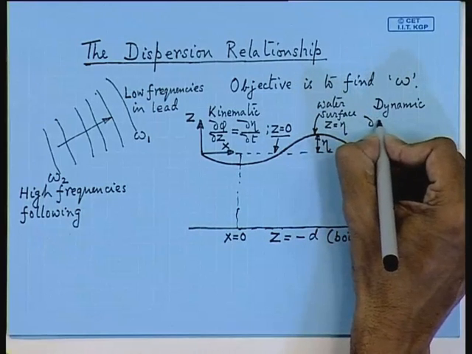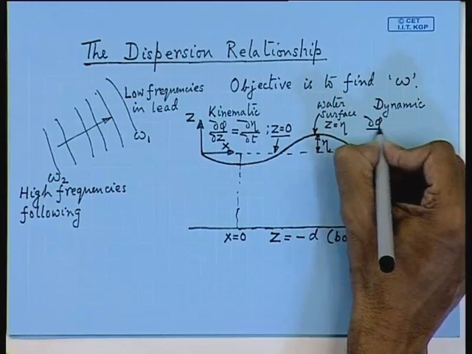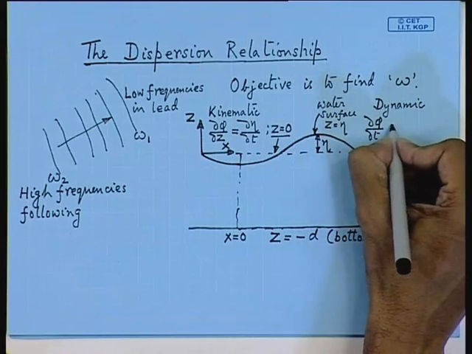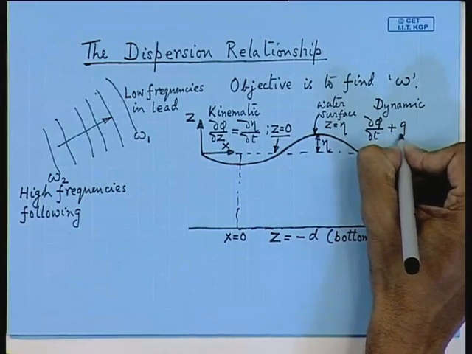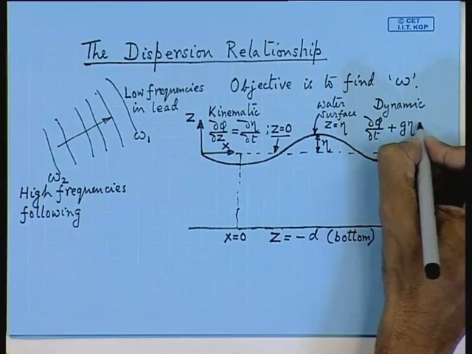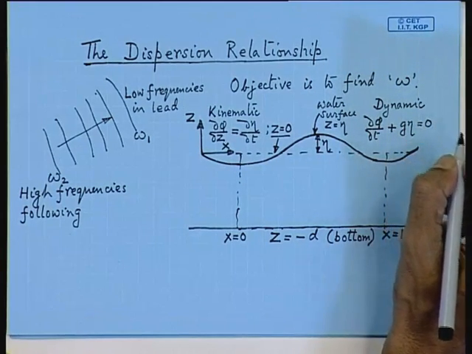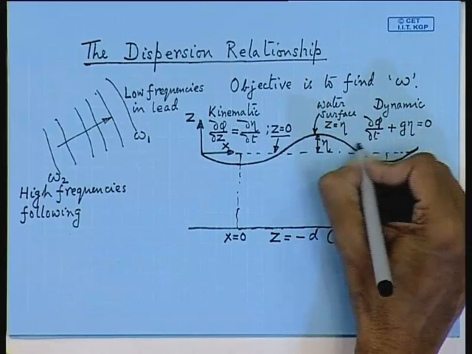That is del phi over del t plus g multiplied by eta equal to 0. So, this is your Bernoulli equation.